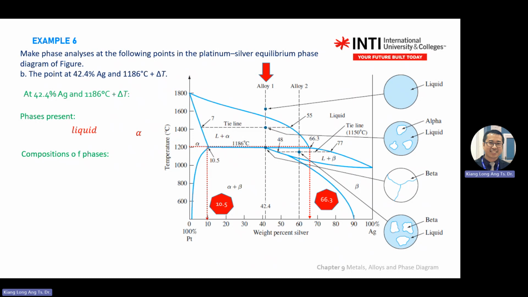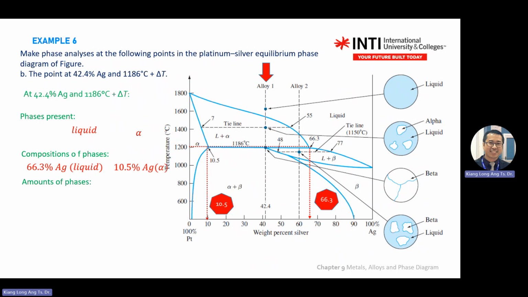It's Ag liquid. Alpha, read from the graph, 10.5 solid alpha. In this one, you should write 10.5 wt%, because this one is weight percent.